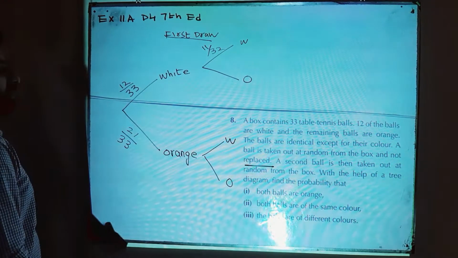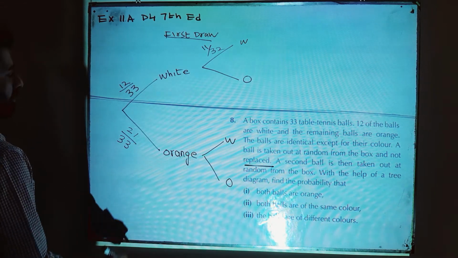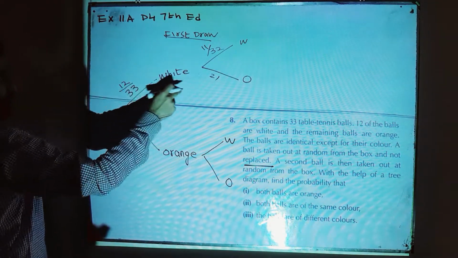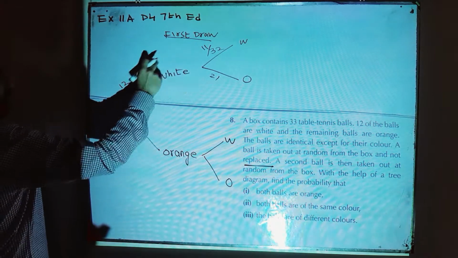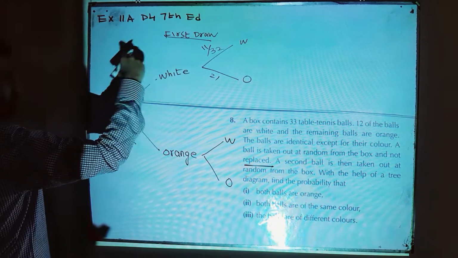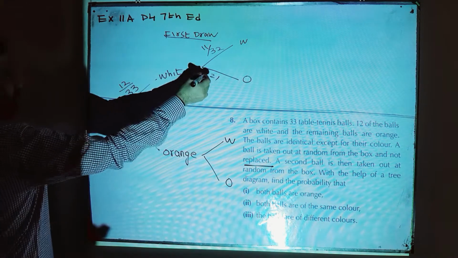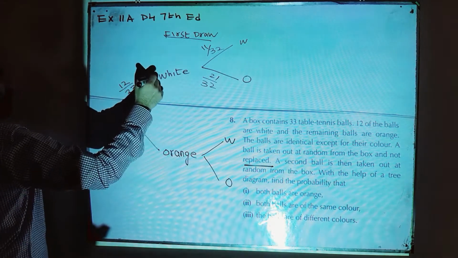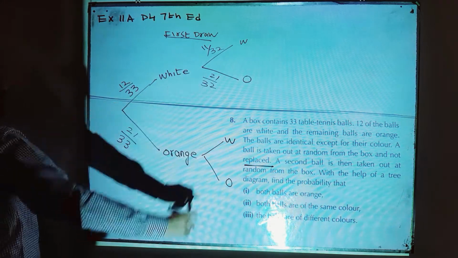Similarly, for orange, the number will not be affected because we have taken out a white one, not an orange one. So orange will be 21, while the total is less now because one ball is out. So out of 33, now you have 32.